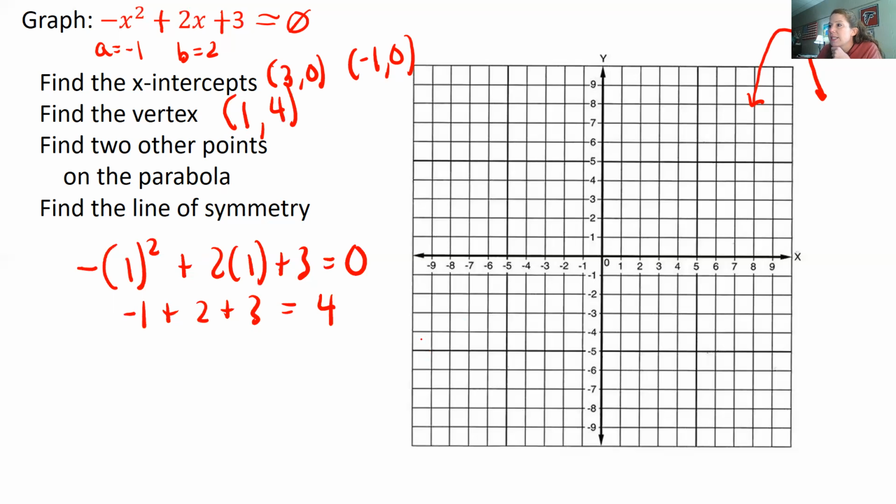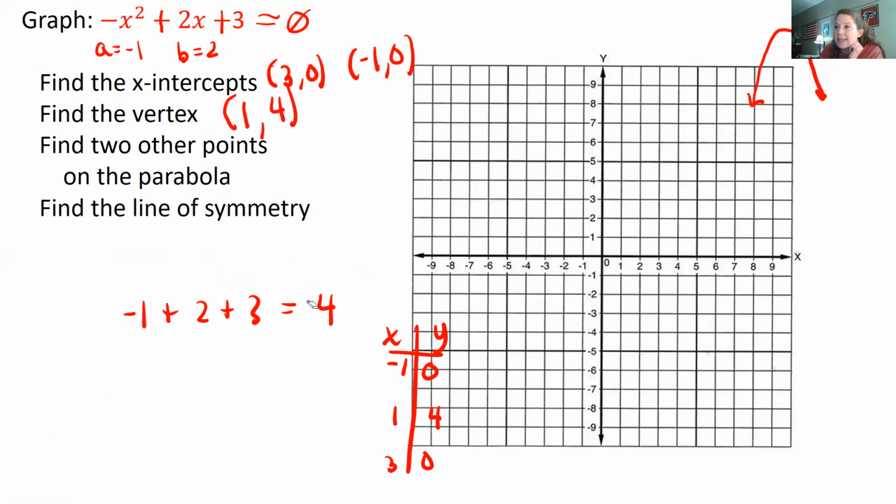So now let's do our little t-chart and see the points that we have. So our vertex, I'm going to put in the middle, (1, 4). I'm going to put the other points on both sides of the vertex. And so now the next problem tells me I need 2 points besides the vertex and the x-intercepts. So 2 numbers between the ones that I have written here are 0 and 2.